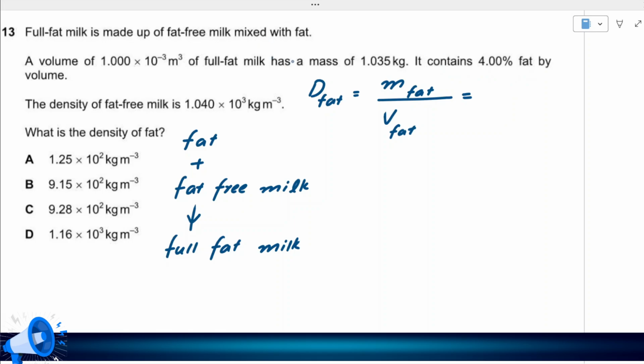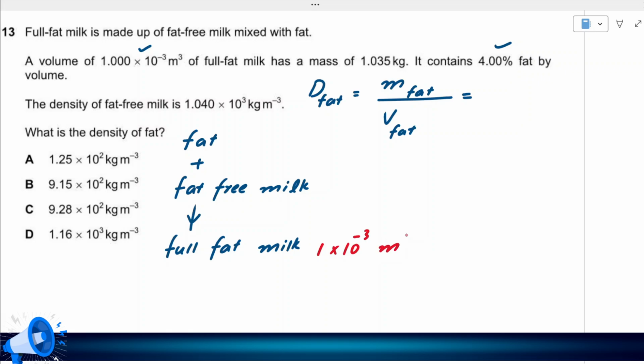Full fat milk, which has a volume of this one, 4% of that volume comes from the fat. So the volume of this thing is how much? 1.000 into 10 to the power minus 3, this much.